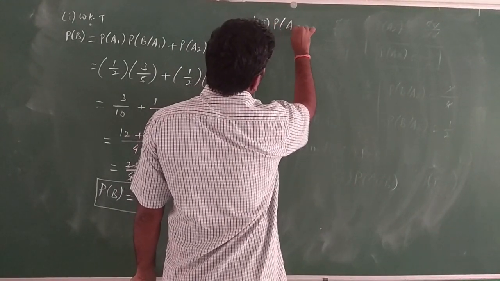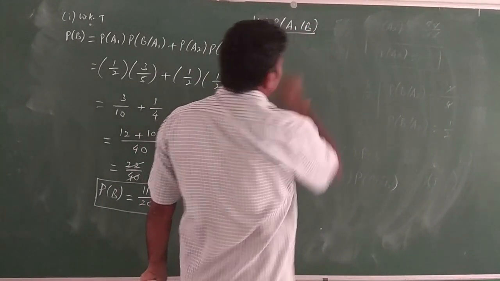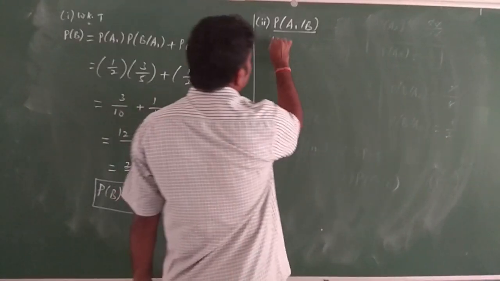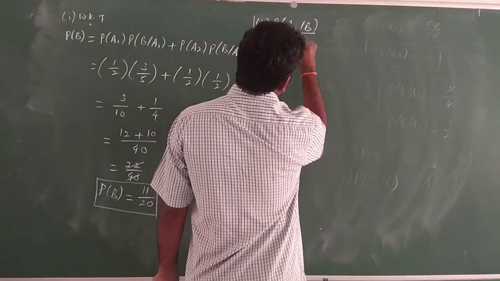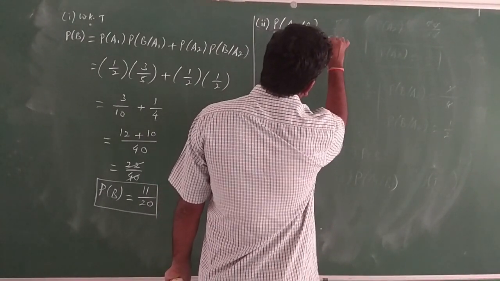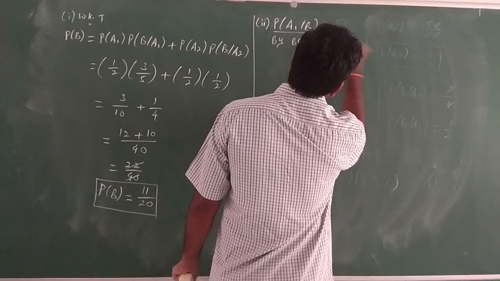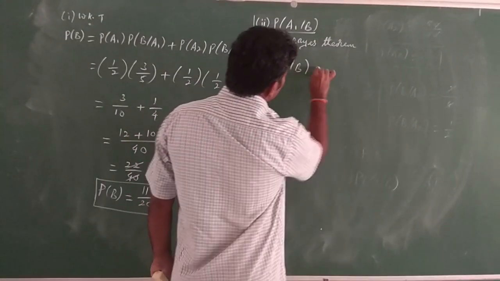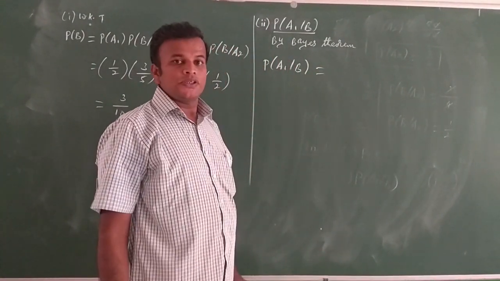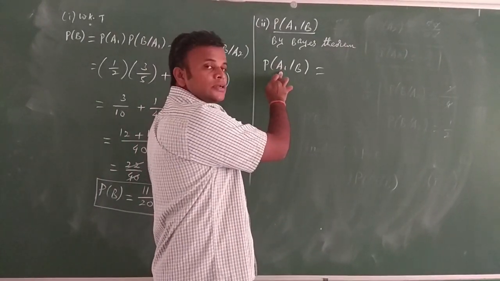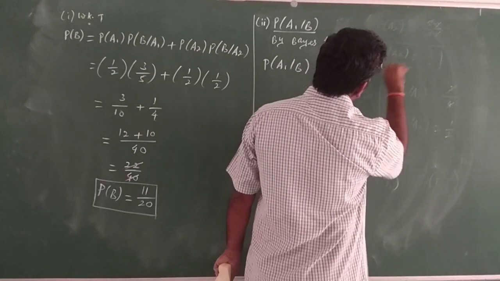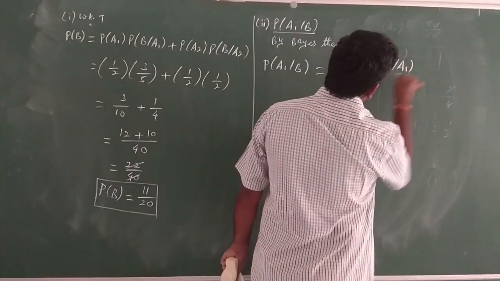P of A1 by B. How to find P of A1 by B? By using the Bayes theorem. I already wrote the formula of Bayes theorem. What is the factor here? A1. So first we write P of A1, then P of B by A1.